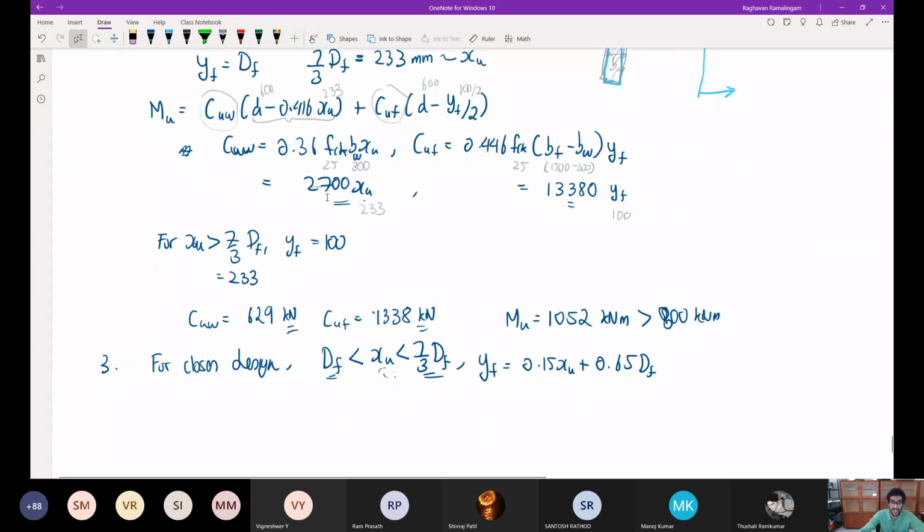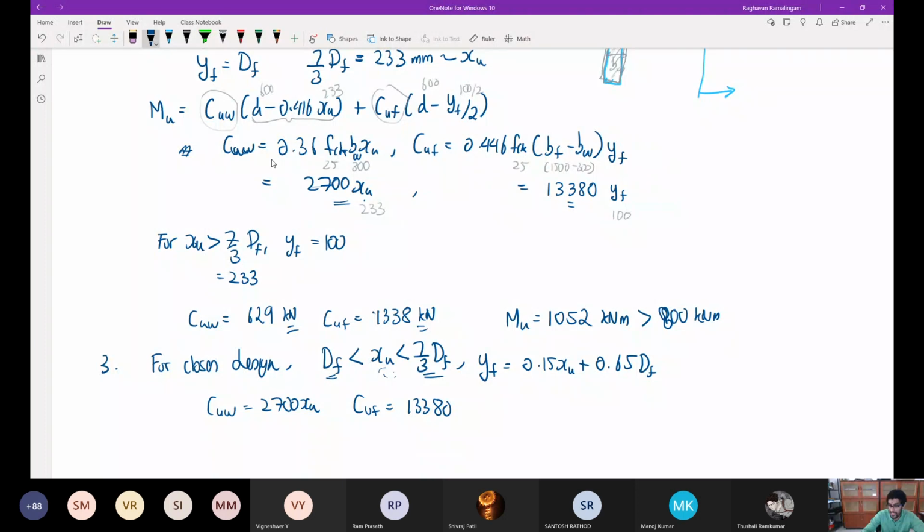So what was our equation? We had CUW is 2. This is why I told you to retain it in XU and YF. Now CUW is 2700 XU and CUF is 13380 YF.